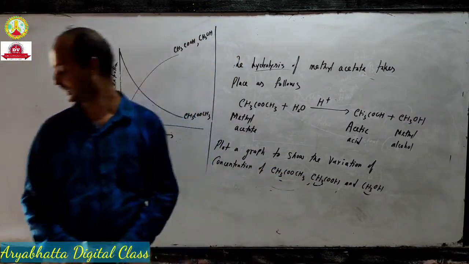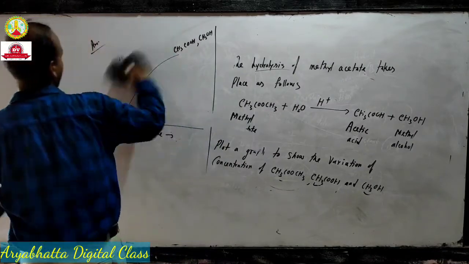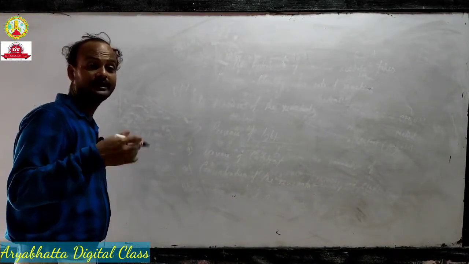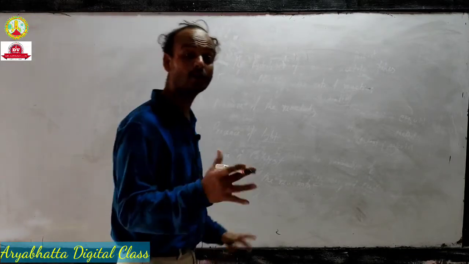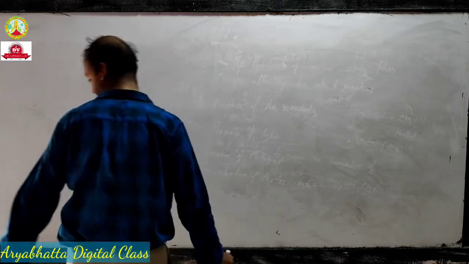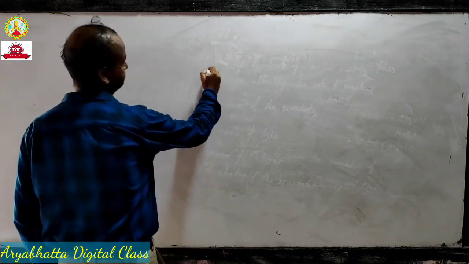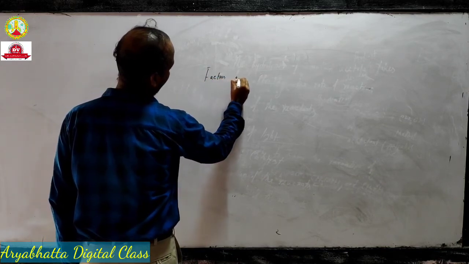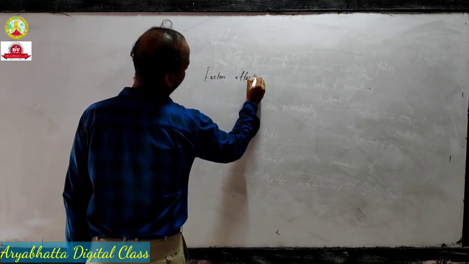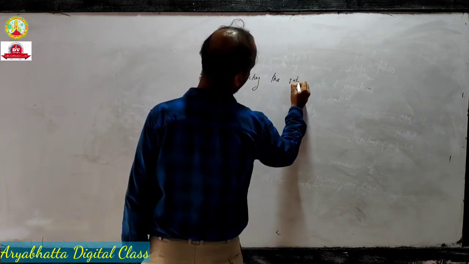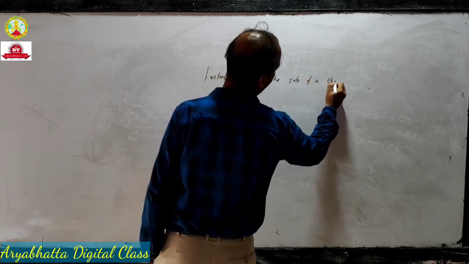Now comes another point. Now let's see what are the factors which affect the rate of a chemical reaction. Look at the factors carefully, students. Factors affecting the rate of a chemical reaction.